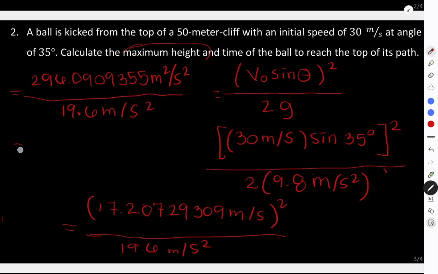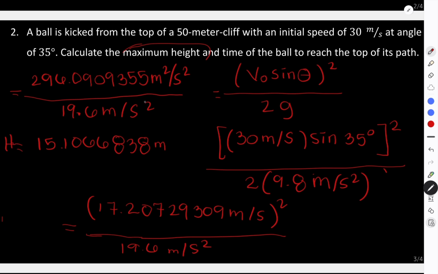Then let's get the quotient, that's divided by the 19.6. We come up with 15.10668038 meter. That is meter. That's the maximum height.